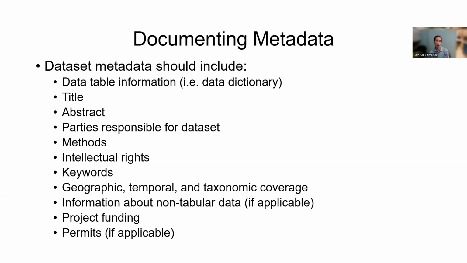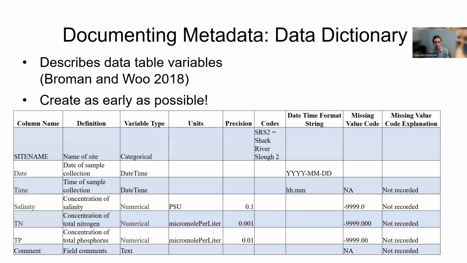Geographic, temporal, and taxonomic coverage are included as well, so folks can find your data through geographic searches, by time, or by taxa they might be interested in. Information about non-tabular data should also be included if applicable, and will vary by project. Project funding should be documented, and permit information should also be included if applicable.